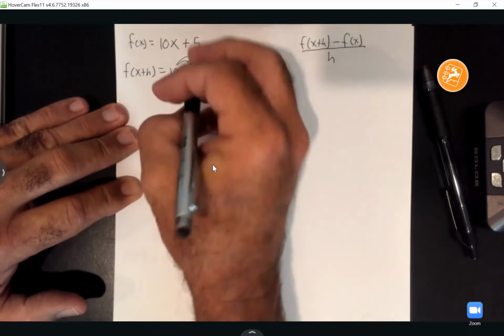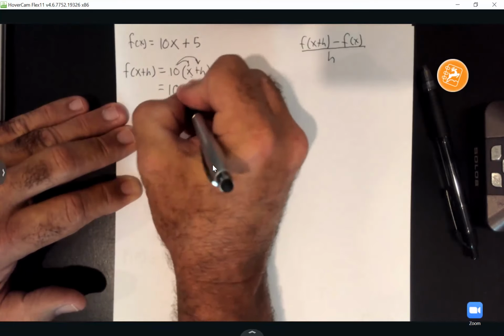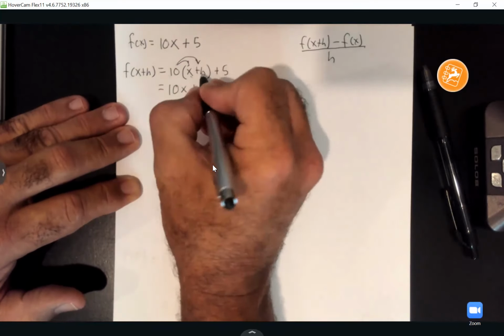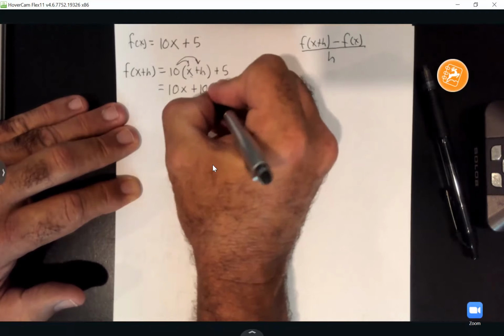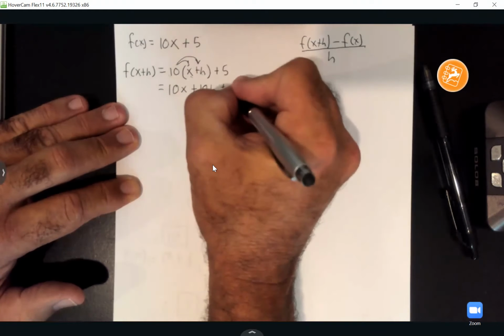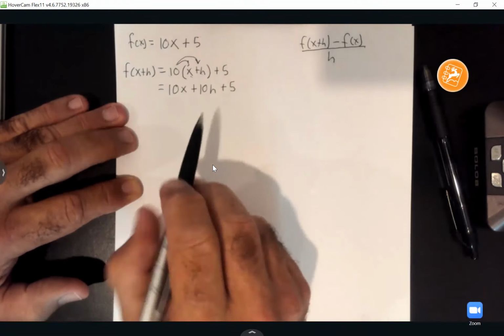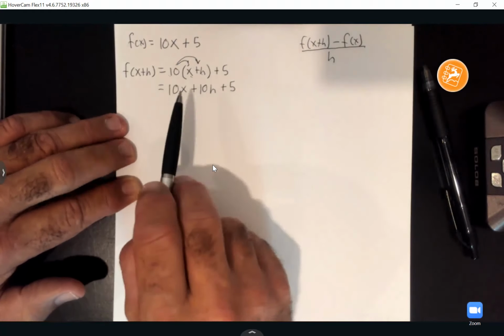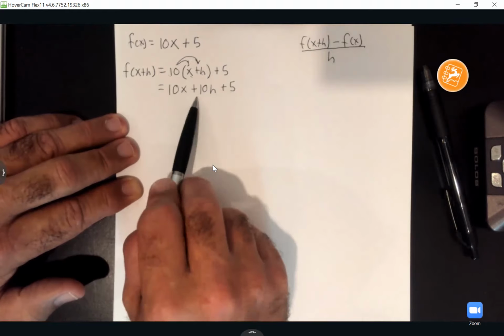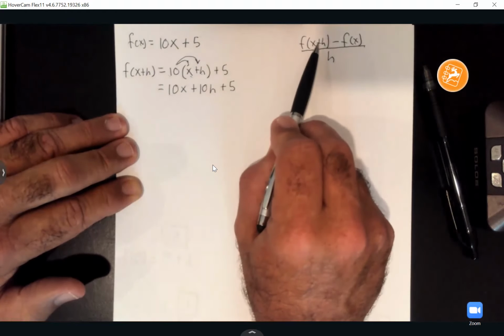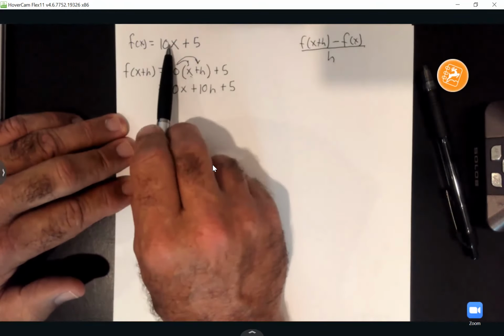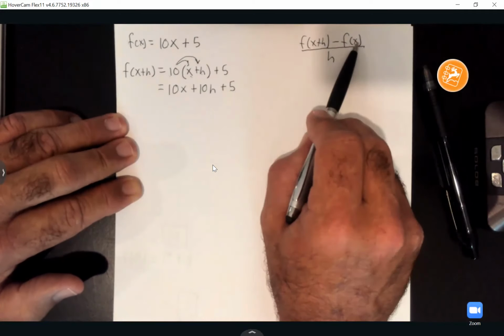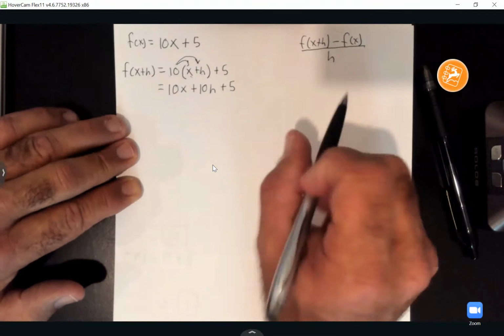So 10 times x is 10x, plus 10 times h is 10h, and then bring down your plus 5. Notice there are no like terms. So now I'm going to plug this f of x plus h in, and put the 10x plus 5 in for the f of x, all over h.